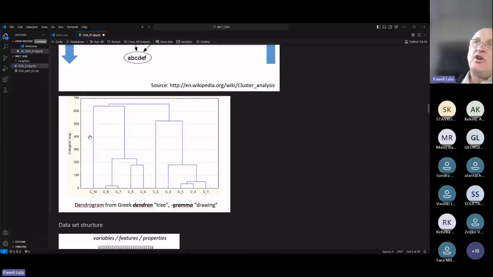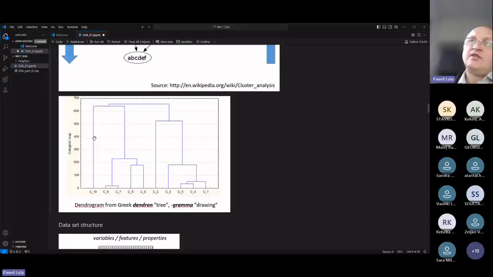And this horizontal line will intersect four vertical lines. This one, this one, this one, and this one. And these intersection points will define clusters which we obtained.